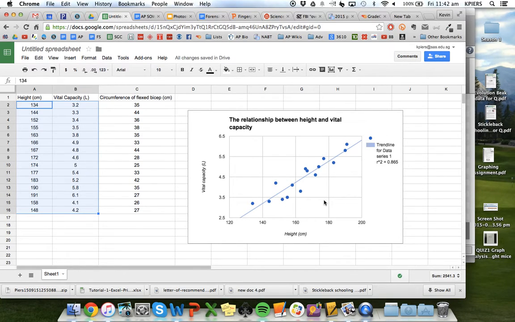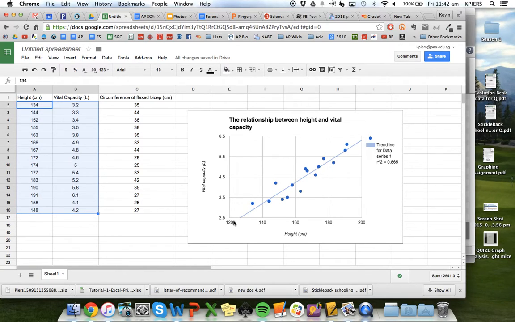Now, in terms of interpreting, you can look to the R squared value. An R squared value of 0 is going to be a straight line, and the closer it gets to 1, the stronger the correlation.